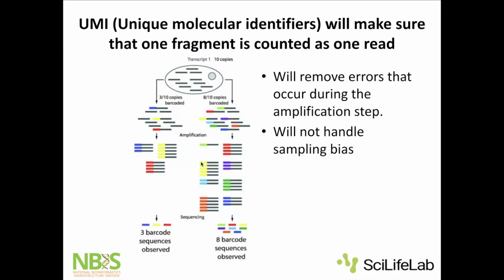We reduce all the reads that have the same combination of UMI and transcript into one single count of that gene. So any amplification bias is removed by using the UMI, but not anything to do with sampling bias. But it removes one source of noise in the data at least, and that's super useful.